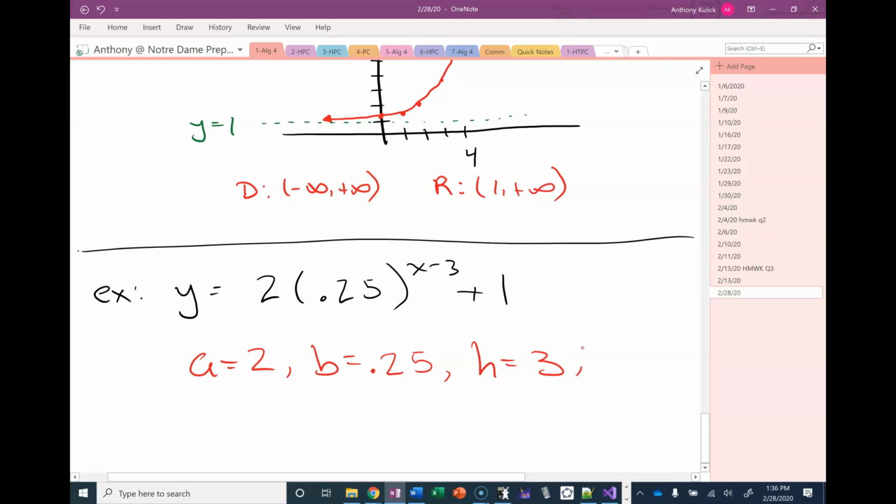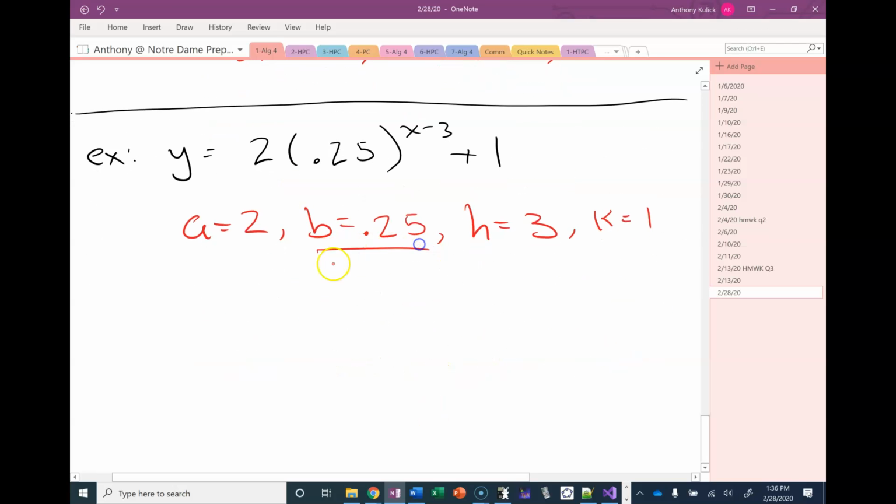And my value for K is 1. Everybody good with that? So notice that this is decidedly decay, right?